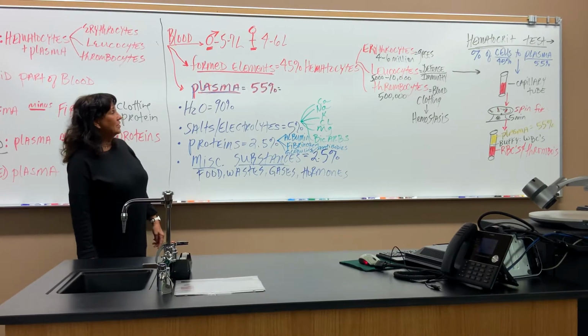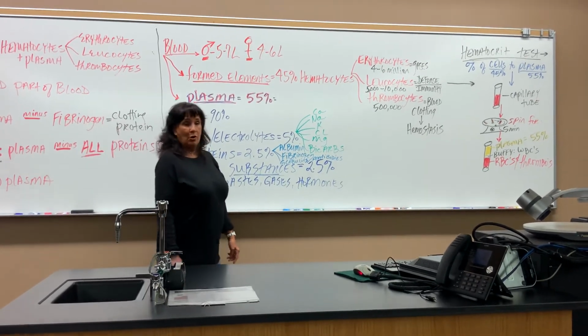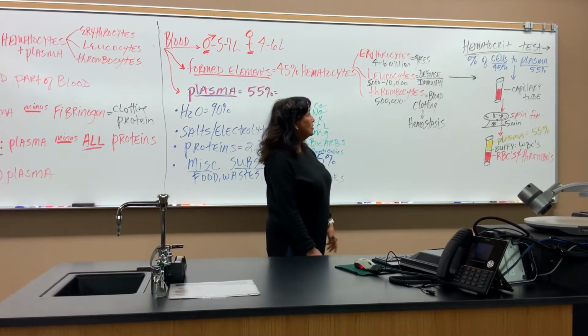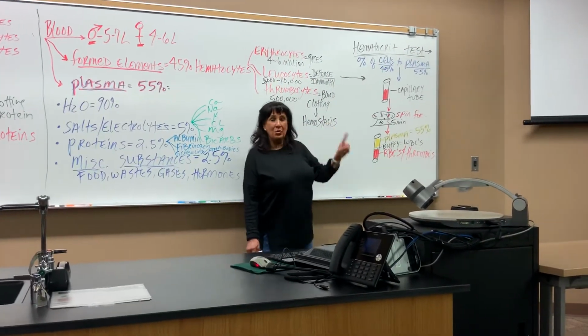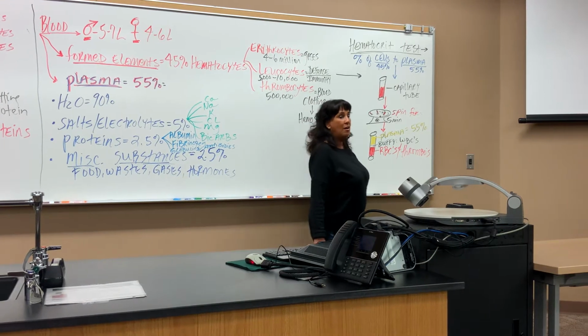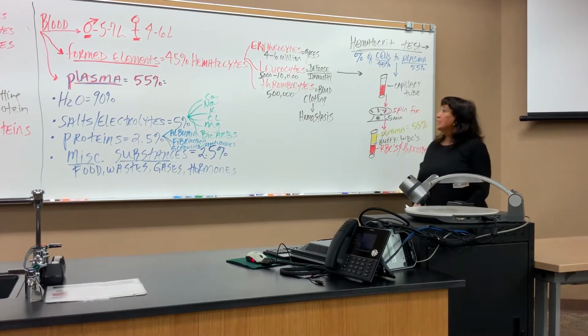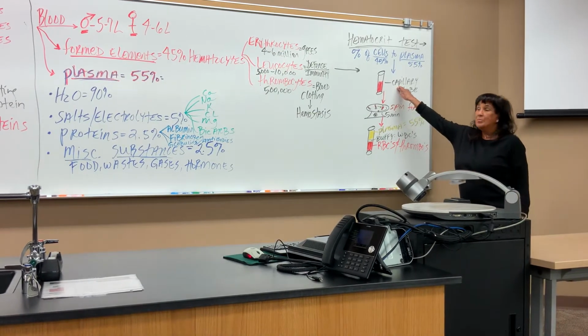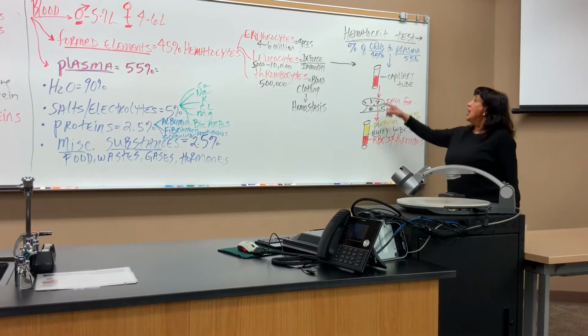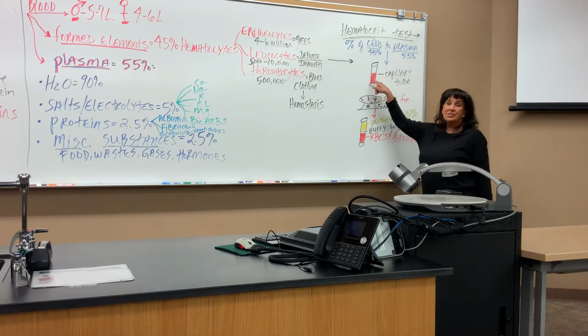And so basically, we do have a real quick test. It's called a hematocrit test to see if you do have the proper percentages of blood versus plasma. And the hematocrit test, and I actually do this to you in lab if you're one of my volunteers, basically we have these little capillary tubes.